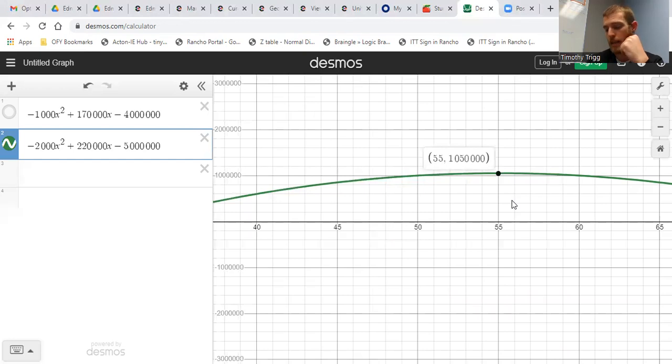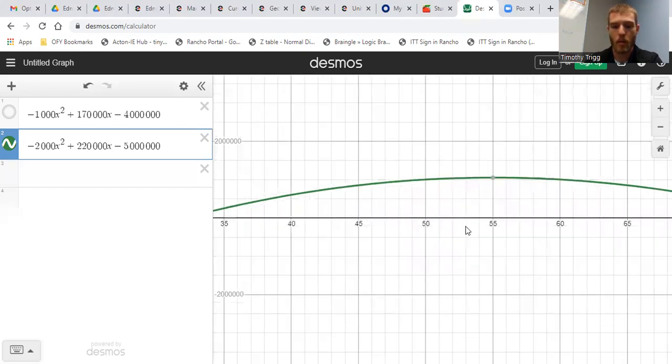The vertex in the case of this first material is 55, comma, 1,050,000. So what is that telling me? That's telling me that if she sells at a price of 55, then she'll gain a maximum profit of 1,050,000.